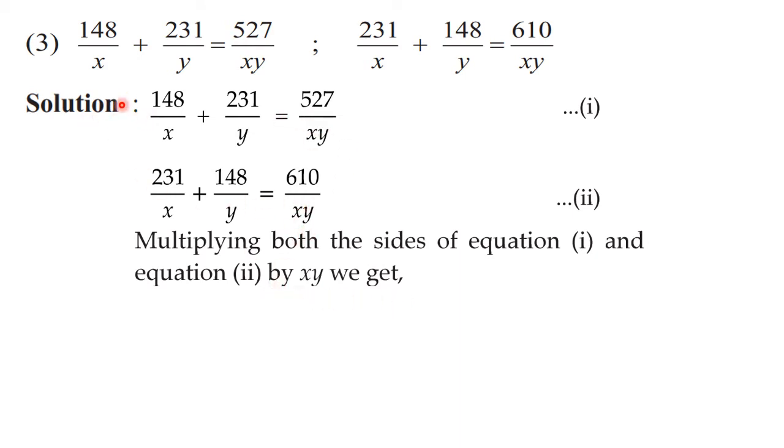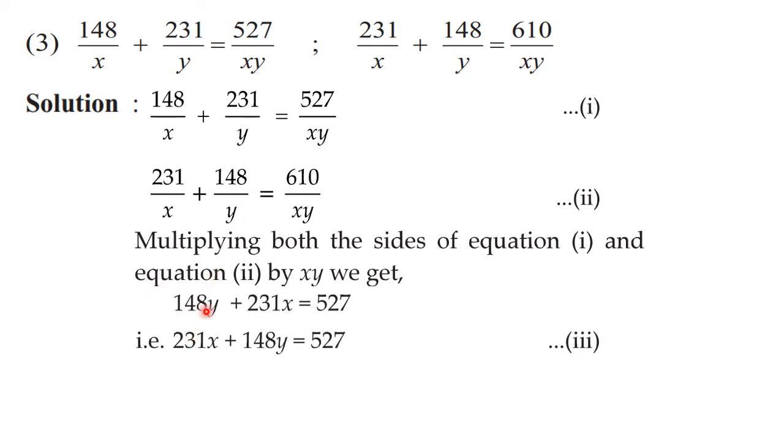When we multiply by xy, x and x will get cancelled and you will get 148y here. And when you multiply here by xy, y and y will get cancelled and you will get 231x. And here you will get 527 because xy will get cancelled. So you are going to get the equation 148y plus 231x is equal to 527.